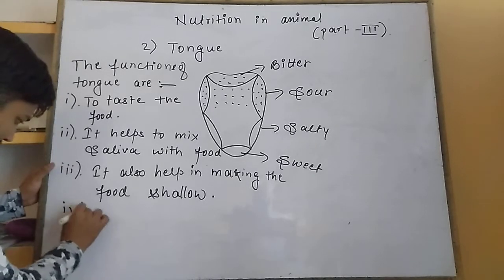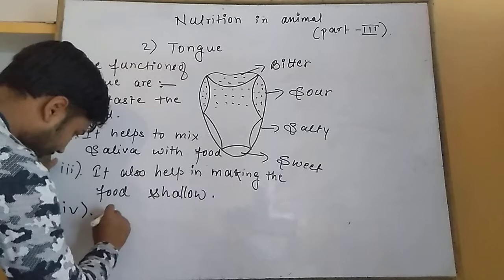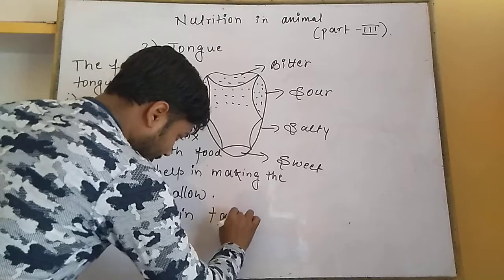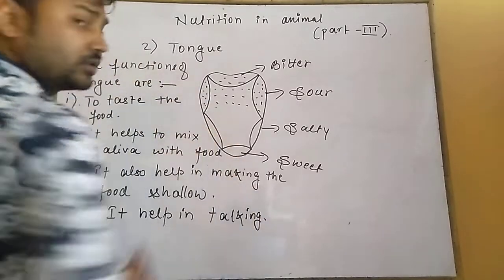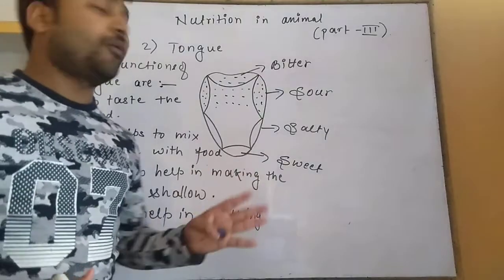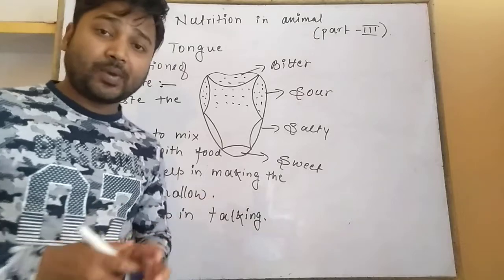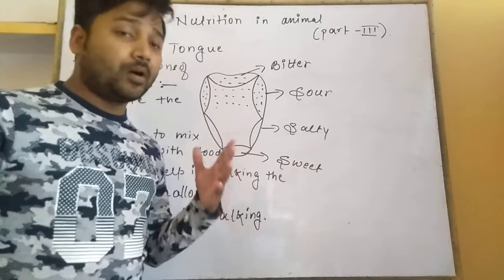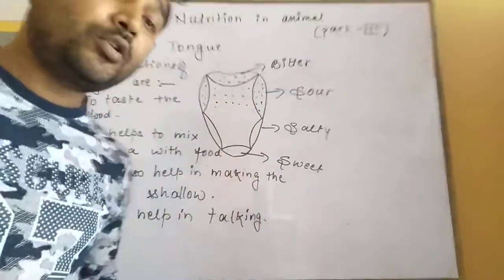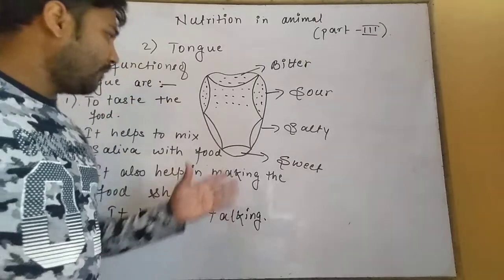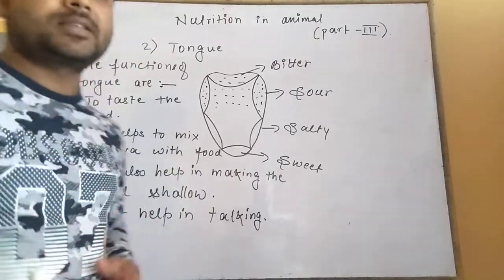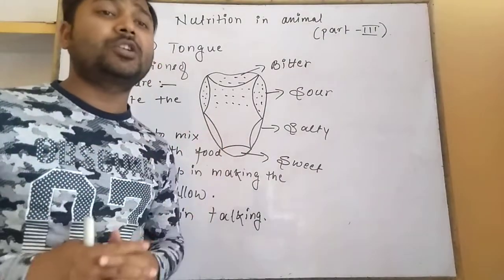Now fourth number is that it helps in talking. So these all types of functions are performed by a tongue in mouth. That's why it is known as the important part or organ of the buccal cavity, which helps in the digestion of food. And by the help of this tongue, it helps to mix all the substances with the food, which begins the digestion in the mouth.